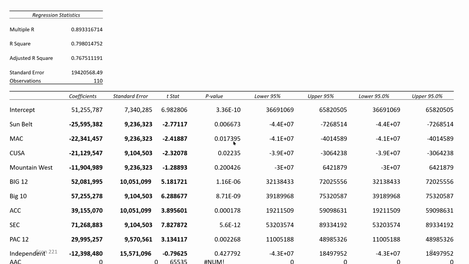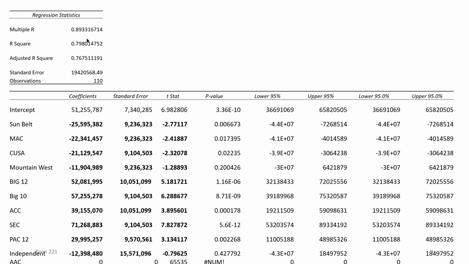That's not less than 0.01. Same with Conference USA. But both those p-values are less than 0.05. So with 95% confidence, we could say we would expect about 20 million less if we join those conferences relative to the American Athletic. And then the independent down here as well, very high p-value. We can't say that that's any different than the American Athletic either. Okay.